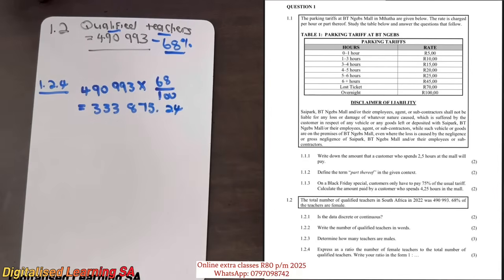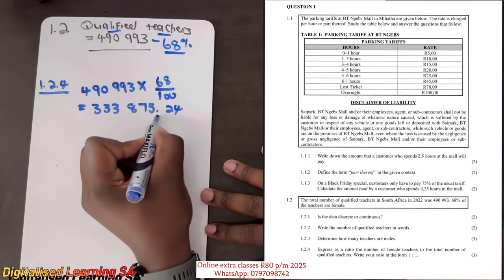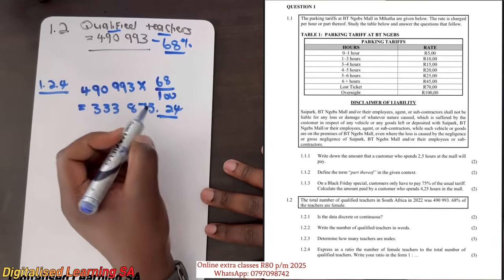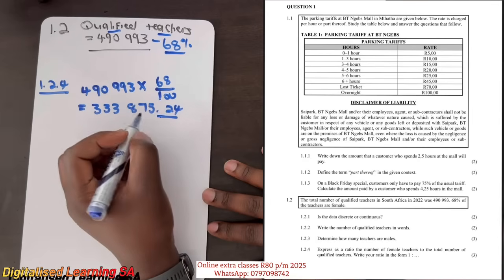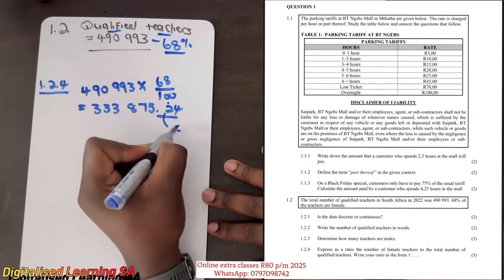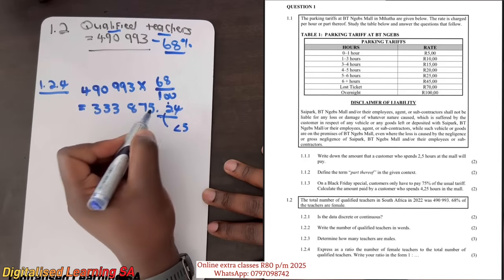Again, guys, remember that our answer needs to be a whole number, meaning that we need to take away this .24. So in this case, to do that, we need to round it off. And if we see this number here, we can see that it is less than 5, meaning that this 5 will remain the same.